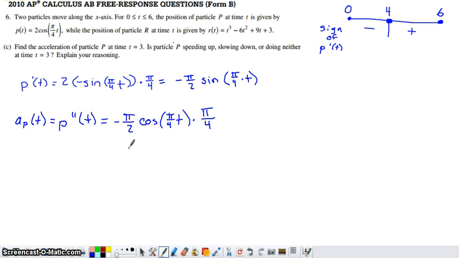Now they want us to use this to find the acceleration of particle P at time 3. So we want to evaluate P double prime of 3, which corresponds to the acceleration of particle P at t equals 3. Top times top gives me pi squared, and bottom times bottom gives me 8.